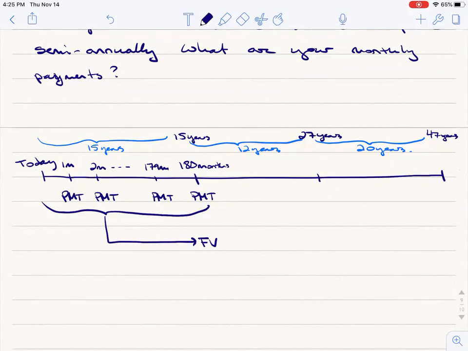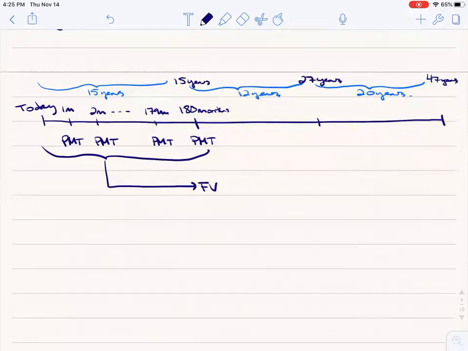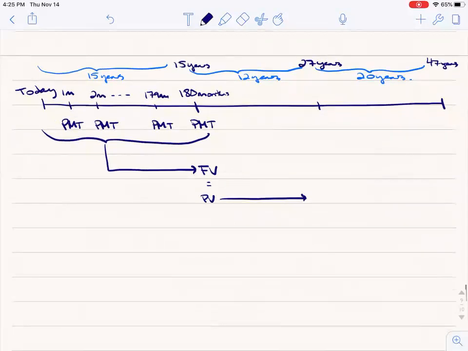And so now this turns into the present value of this compound interest, which turns into some future value, which, if you're snaking back, has to become the present value of these payments that I'm getting when I retire.